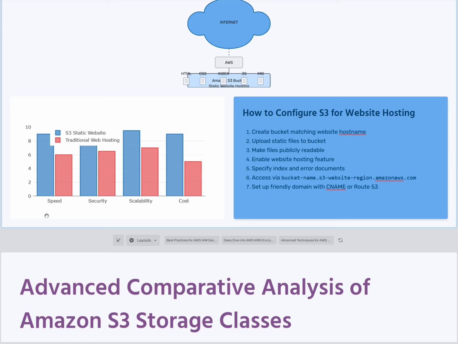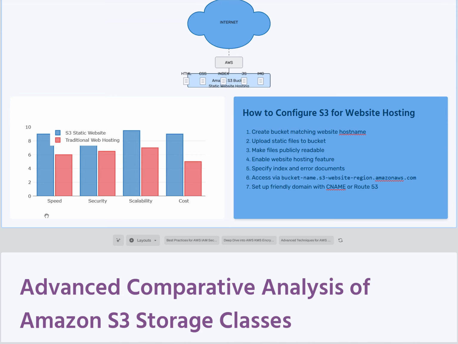And cost-wise, a static website is probably better too. We're going to create a static website in the portal, but here is the simple process of creating an S3 website.